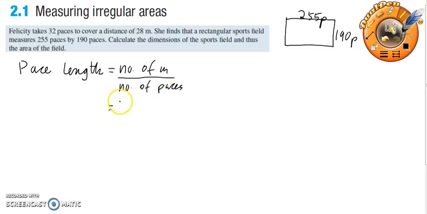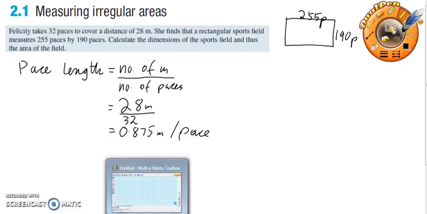So in this case, she's 28 metres divided by 32, and we have a pace length of 0.875 metres per pace.